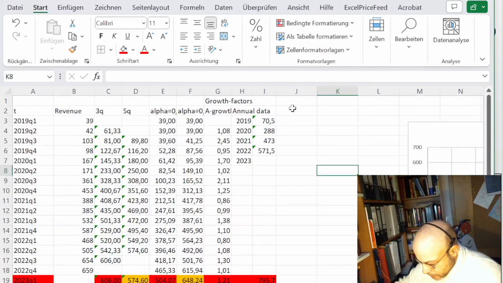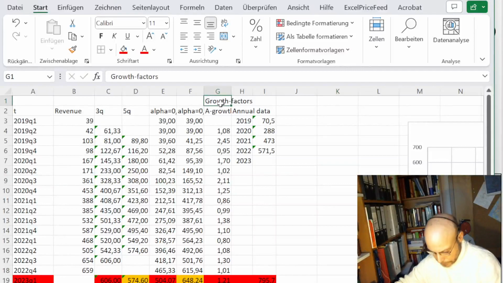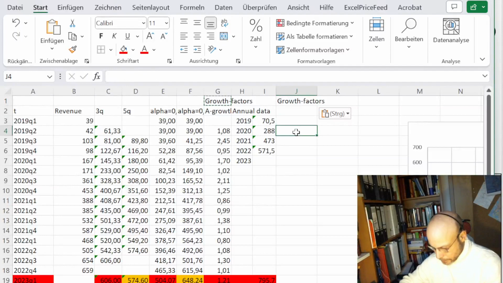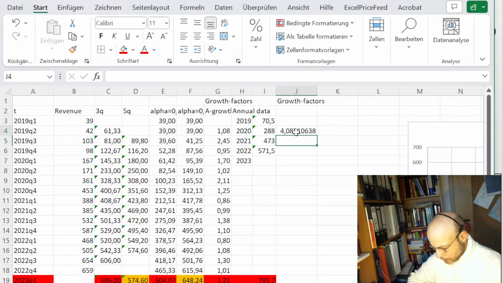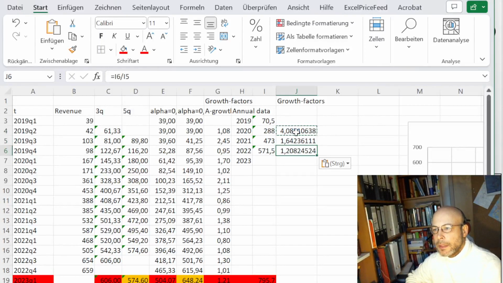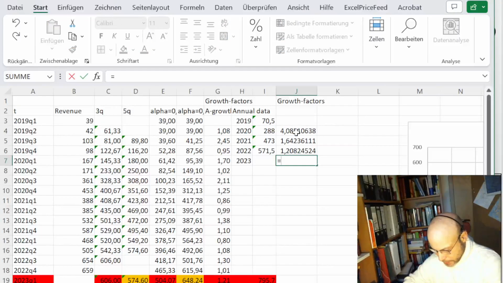We calculate the growth factors. This equals this over this. And the geometric mean of the growth factors.